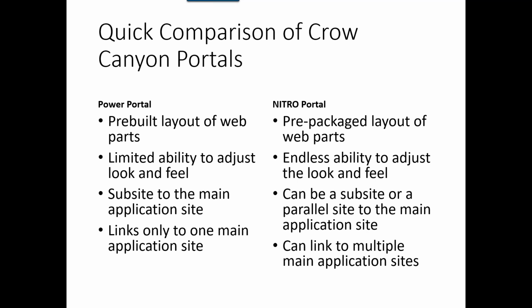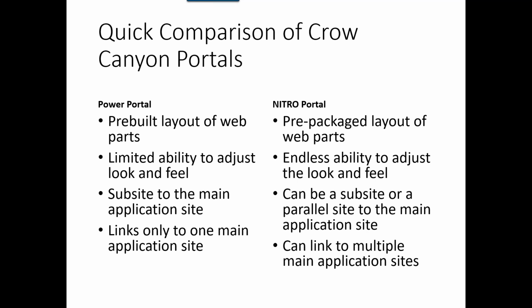Whereas with the Nitro Portal, we've deployed it with the ability to add web parts such as list rollup. You can add other list views, custom list views from across different sites. You can add your reports if you want to. You can add tiles and dials to it. So there's a lot more you can do with that Nitro Portal that gives you a lot more flexibility in the interface and a lot more control over what it looks like.